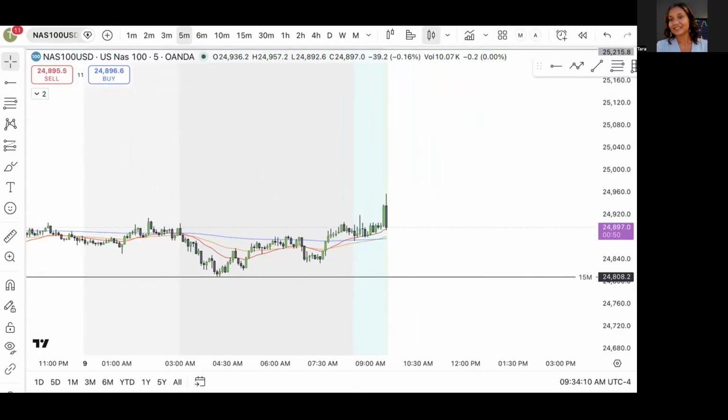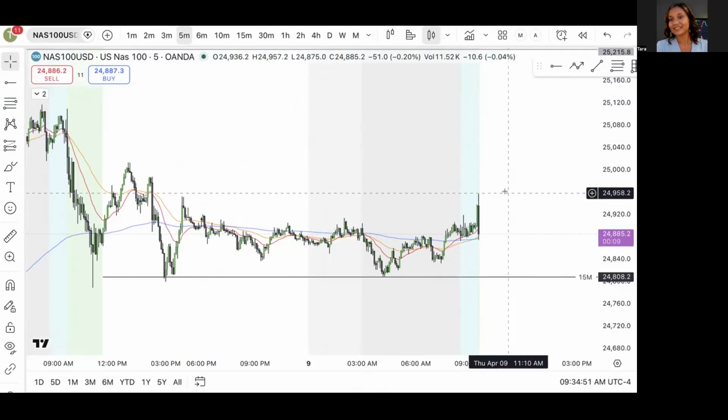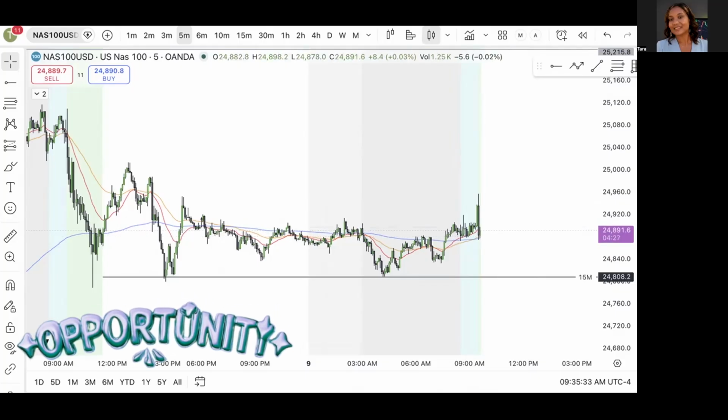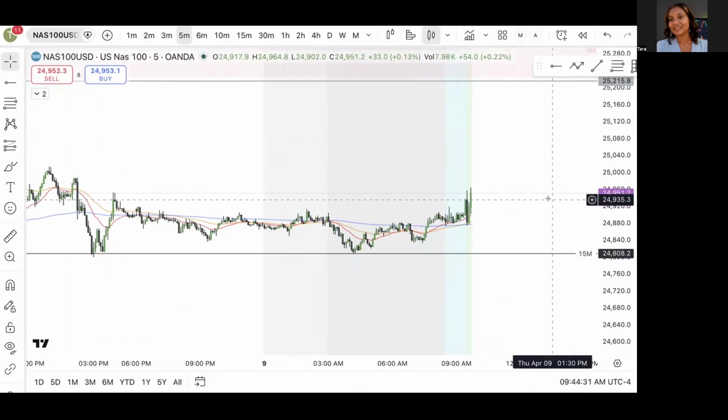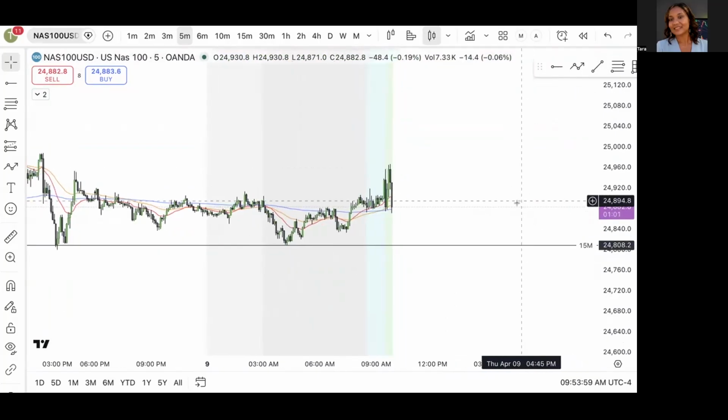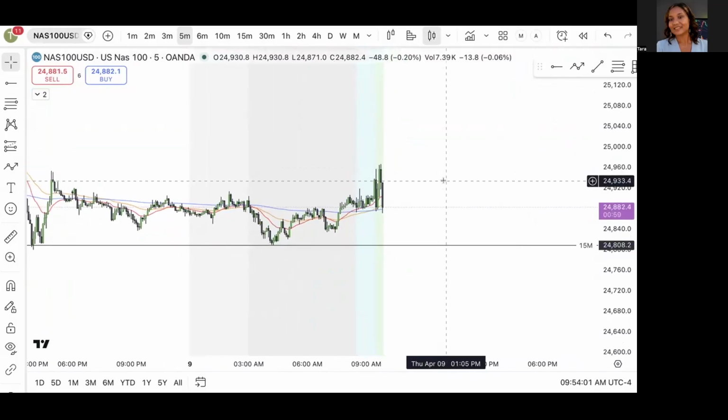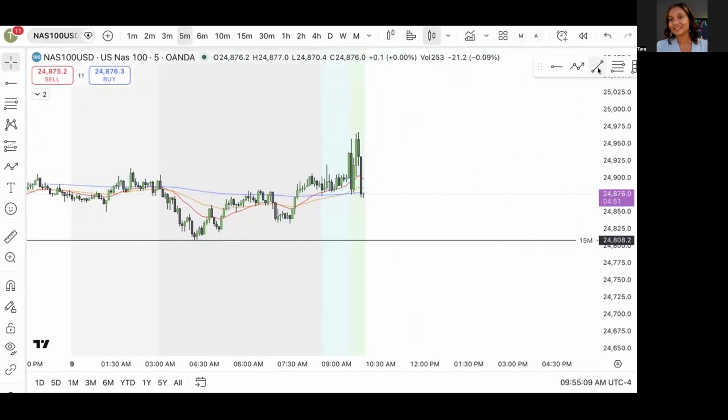Okay, so we have prepared, and now we are at opening bell. So now we're waiting for our opportunity. Okay, we're getting a pretty strong push down on NAS. All right, so we broke this little area of support here.